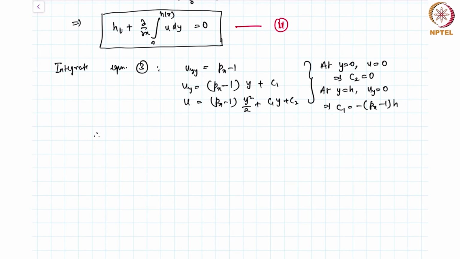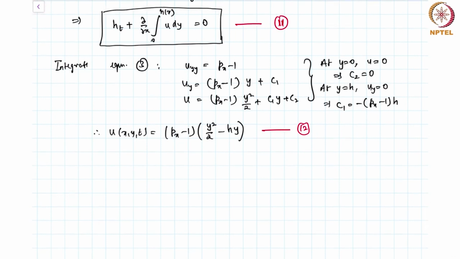And therefore I simply get u, which is a function of x, y and t, will be (p_x minus 1) times (y square by 2 minus hy). We'll call it equation number 12, right?